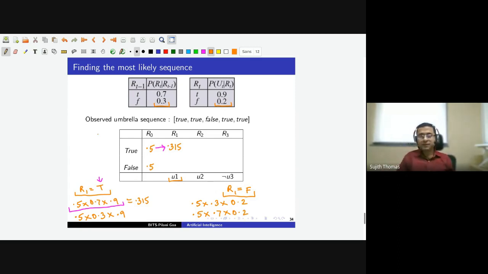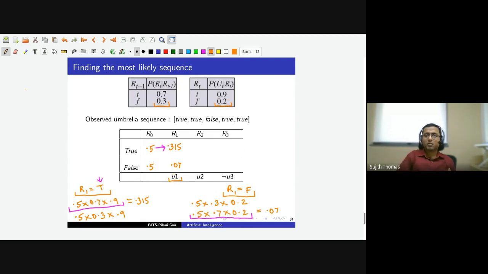So here in this case, we can see that the probability that maximizes will be the second one, and the value that we get is 0.07. So we will write 0.07 here. That is the probability that is maximum among all sequences that end with R1 equal to false.